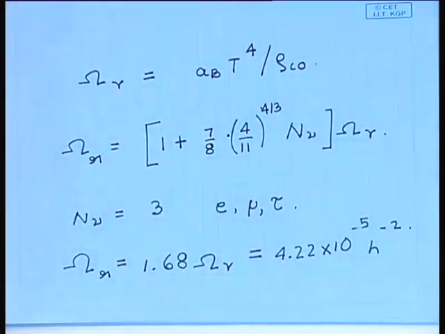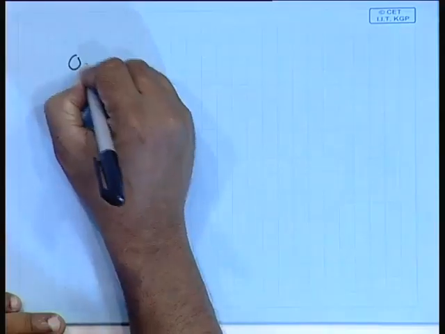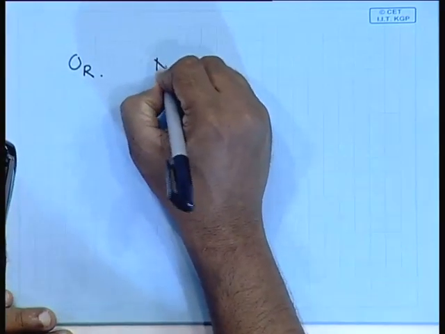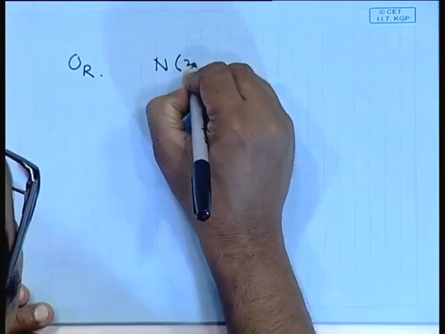Okay. Now, this problem is quite simple. Let me just indicate to you how to work it out. Now, the first thing is that for the observer who is at rest with respect to the CMBR, the occupation number n, we can write it as a function of nu.